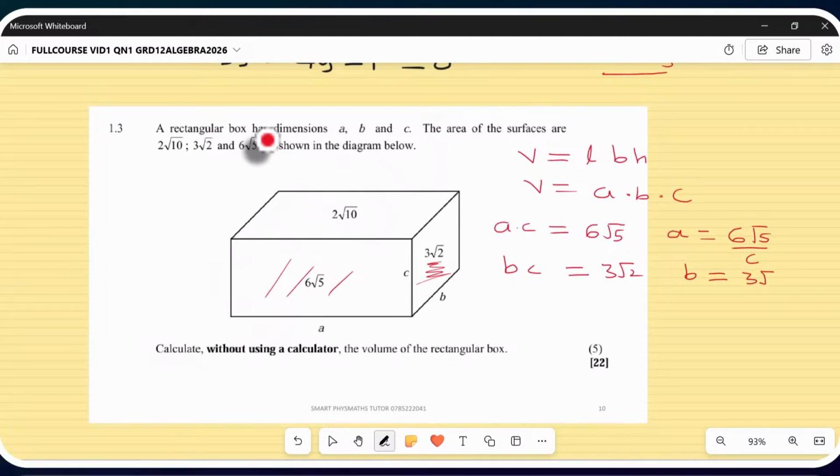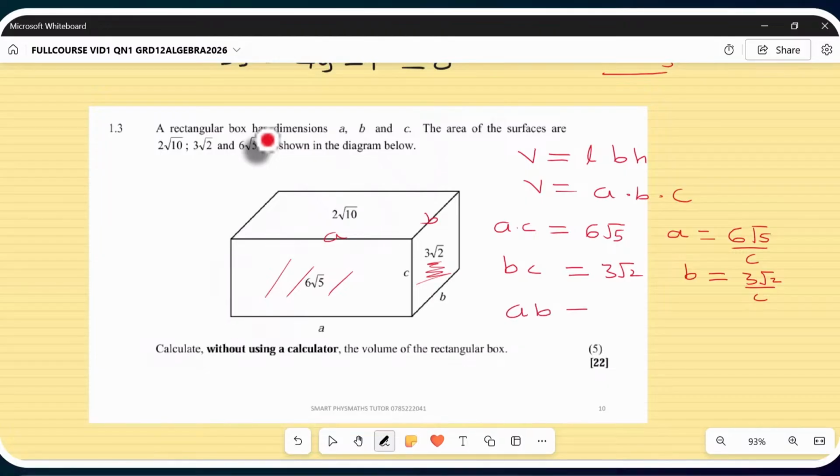So I am going to equate this 2 root 10 to A times B. What is my A and B from here?